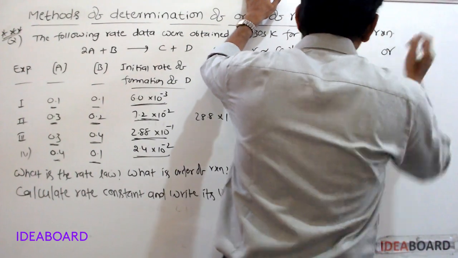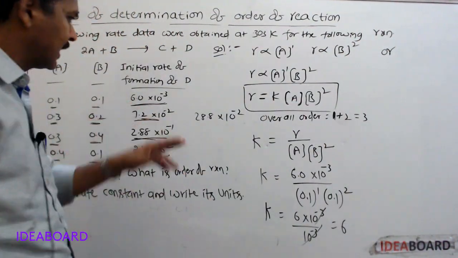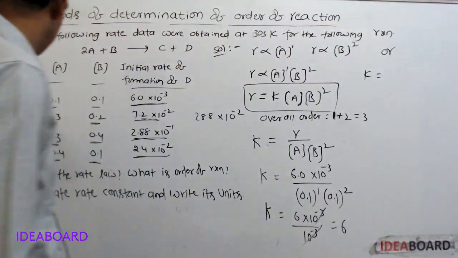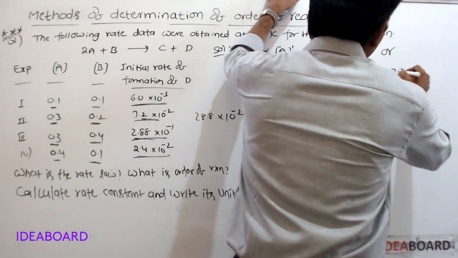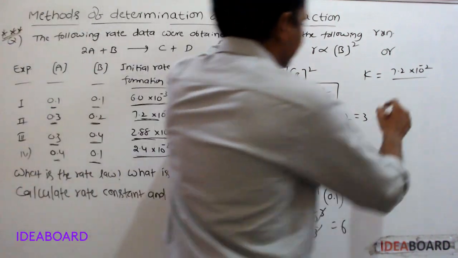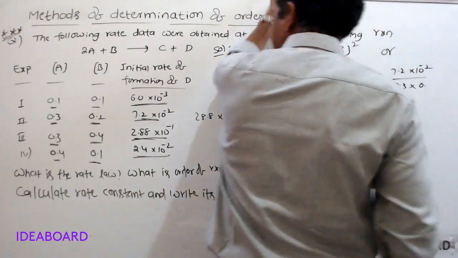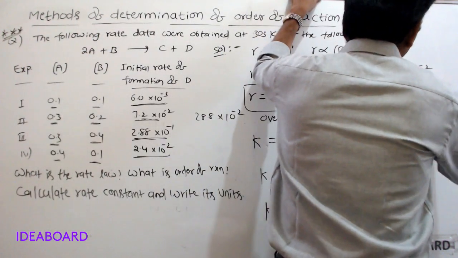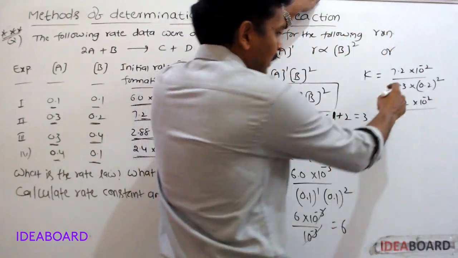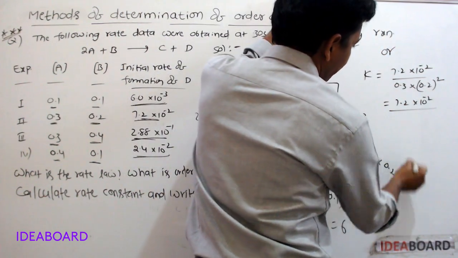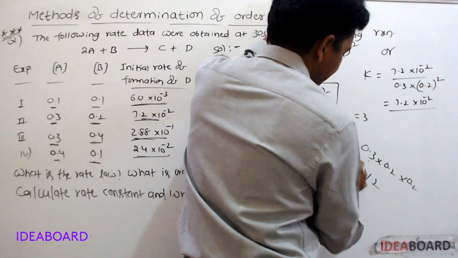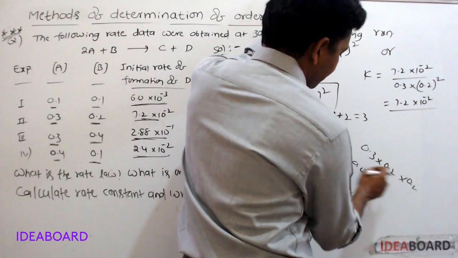We can take second experiment also. To calculate K value, K is equal to rate. That rate is 7.2 into 10 power minus 2 divided by A concentration 0.3 into B concentration 0.2 whole square. 7.2 into 10 power minus 2 divided by 0.3 into 0.2 square means it becomes 0.012.